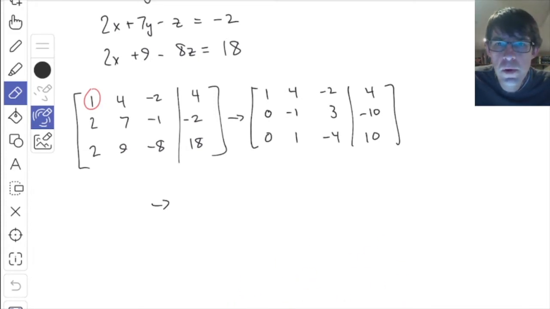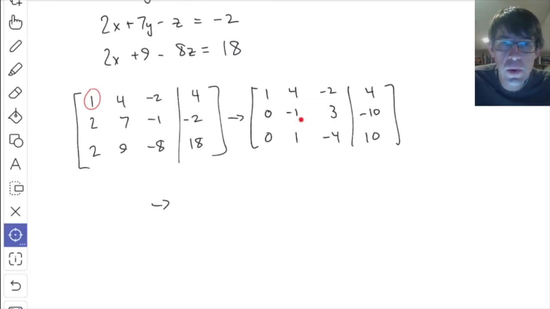Anybody remember? There are 3 types of row operations you're allowed to do. You can add a multiple of one row to another. You can multiply a row through by a non-zero constant, or you can do a row exchange. I almost never do row exchanges. It's almost never necessary. In order to make this a +1, I would multiply through this row by a constant, in particular by -1. It will switch that to a +1.